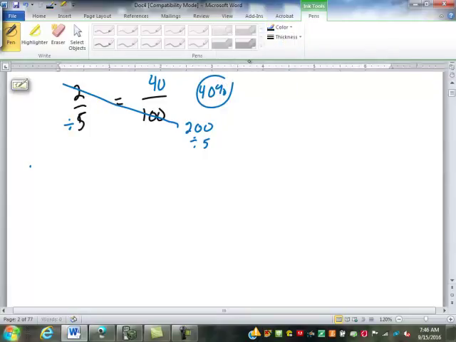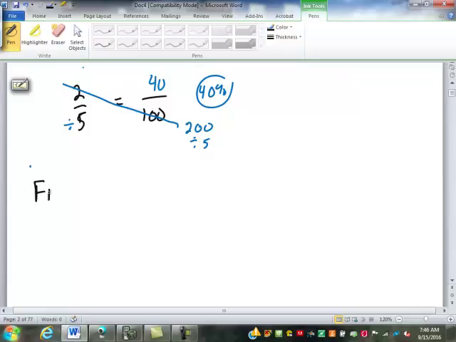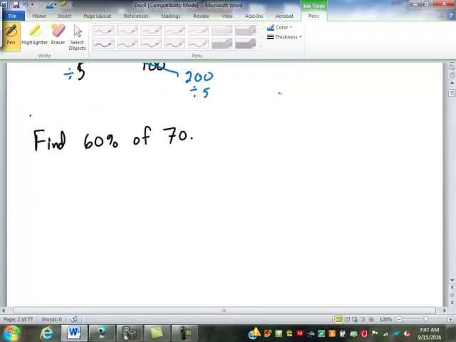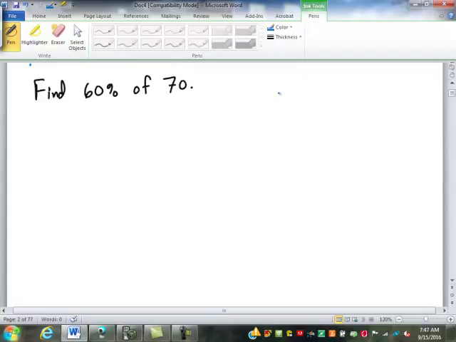And all of our calculations with percents can be done with a setup like this or very similar to this. For example, if we're asked to find 60% of 70. Because it's easy to set up the ratio or the fraction, I always start with a percent. 60% is 60 out of 100.